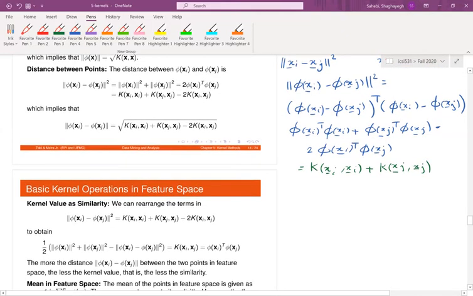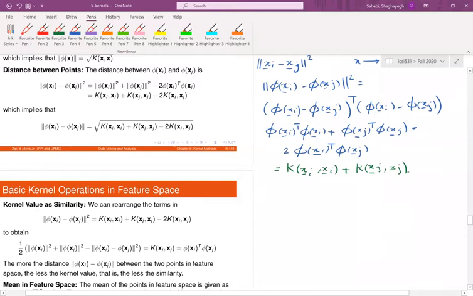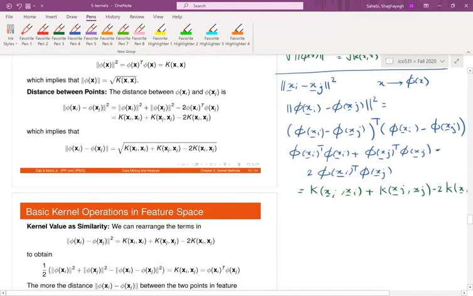And then the third one, phi of xi transpose phi of xj, so we have two times the kernel between xi and xj. So we do not have access to phi of x to be able to calculate this, but we can calculate this distance only according to the kernel matrix values.